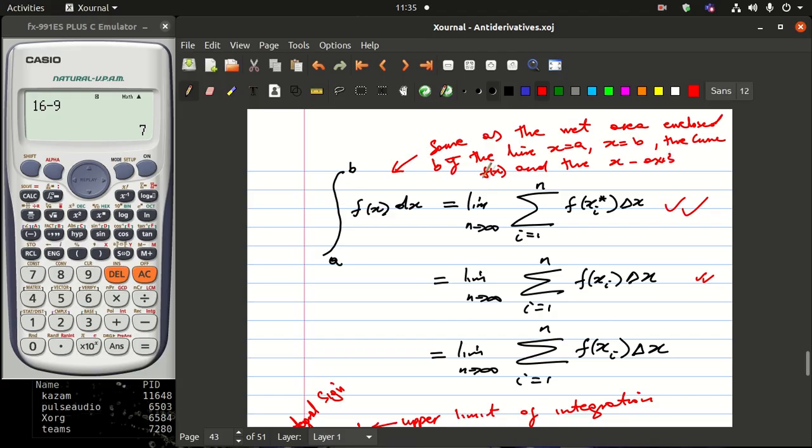So that is basically what a definite integral is about. It is just the area.